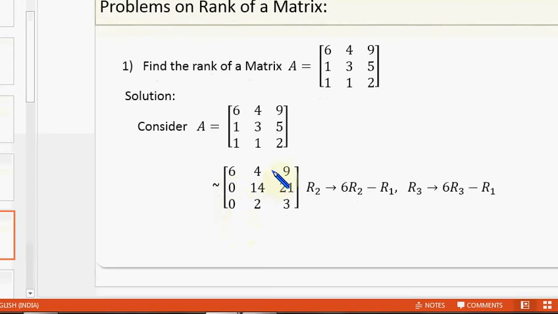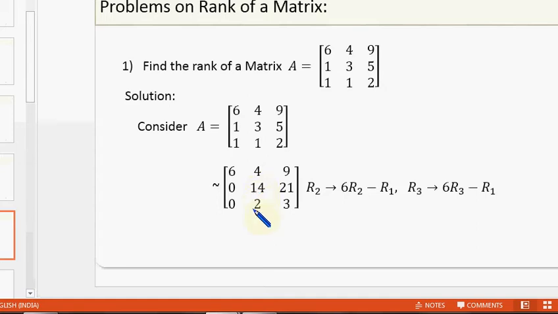Next, the leading element here is 14, and the element below it is 2. To make this 0, we multiply by 7, that is 2 into 7 minus 14.